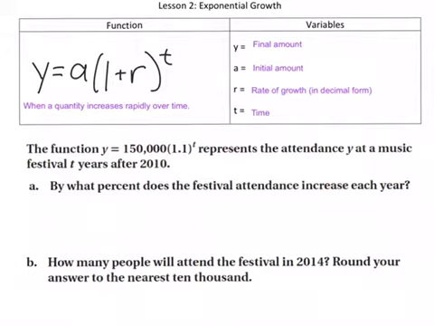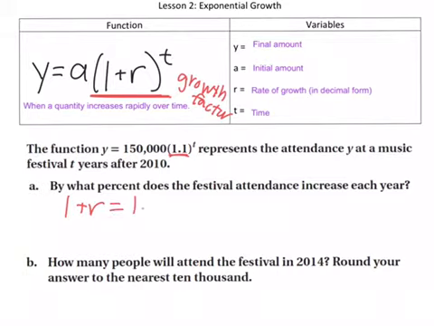What I want you guys to really look at is what's inside the parentheses. If we look at our original equation, that is what's called the growth factor. So it's really the number one plus the rate. So we're going to set those equal to each other: 1 plus r equals 1.1.